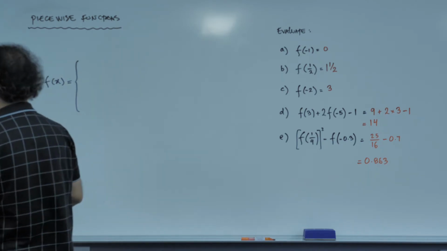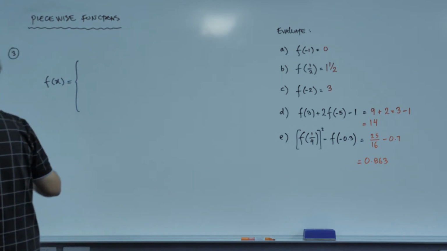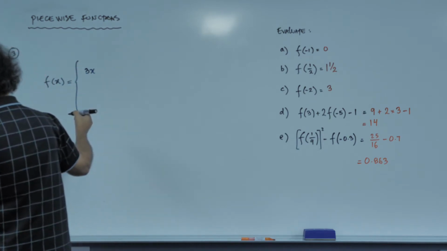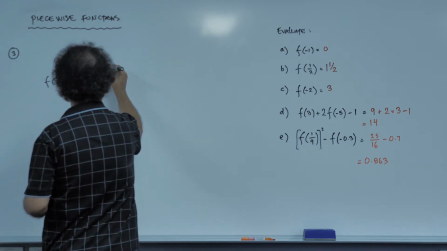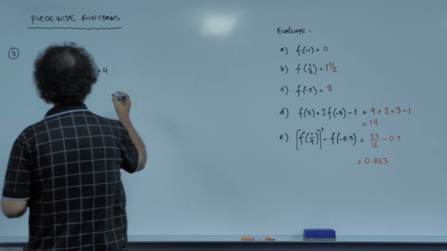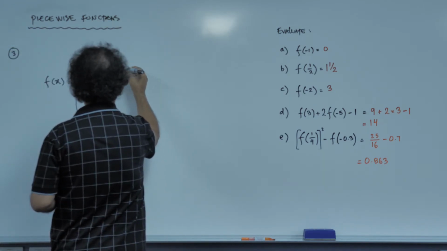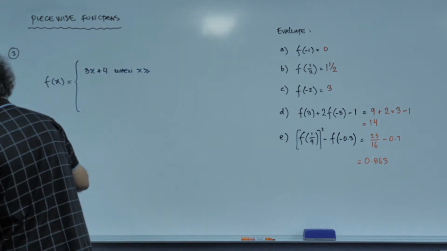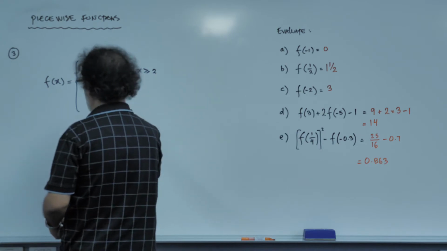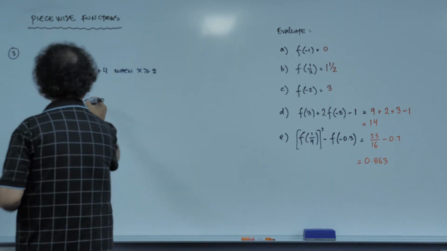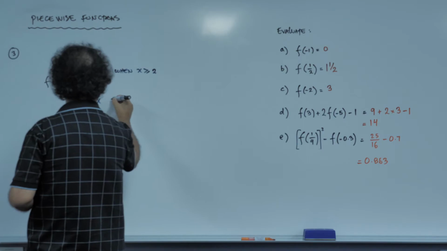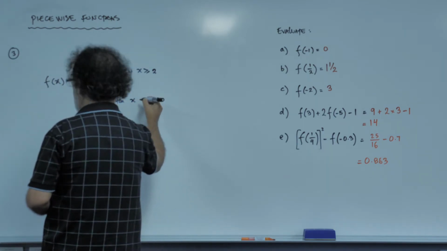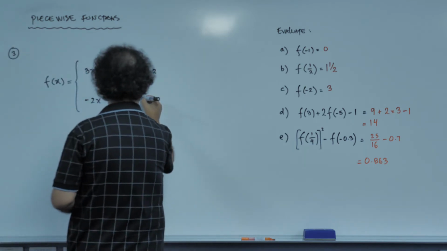All right. Okay, so this is the function. 3x plus 4 when x is greater than or equal to 2, and equal to negative 2x when x is less than 2.